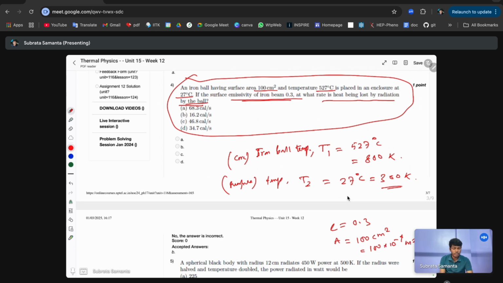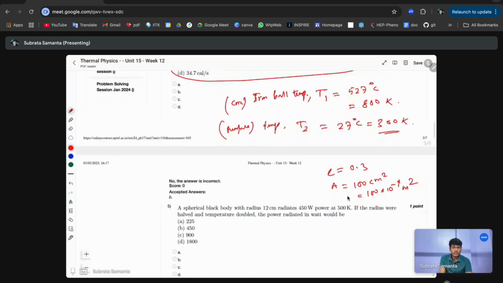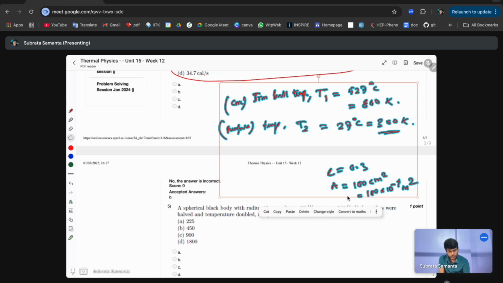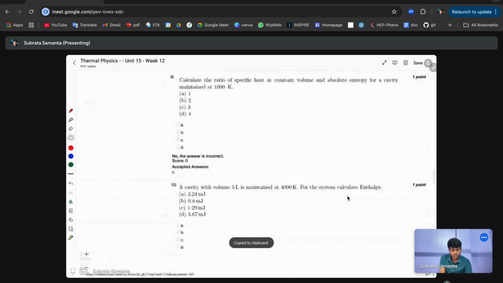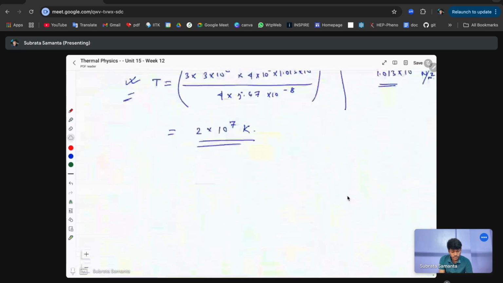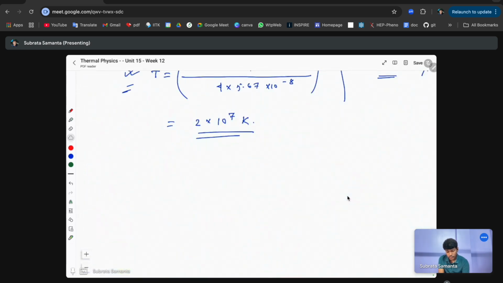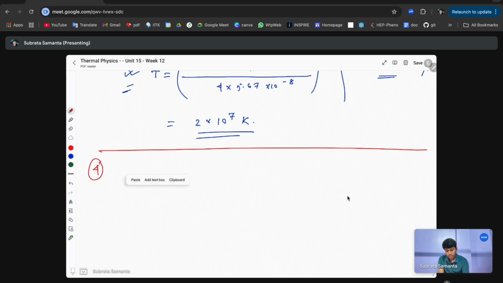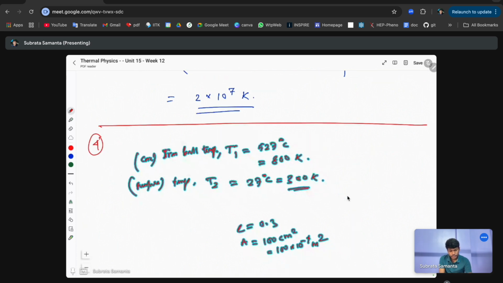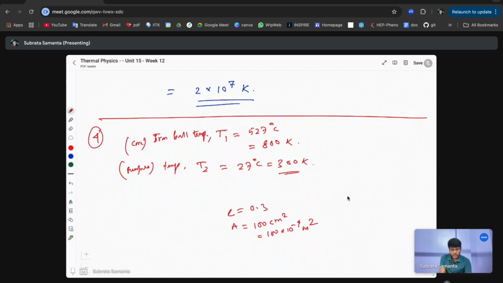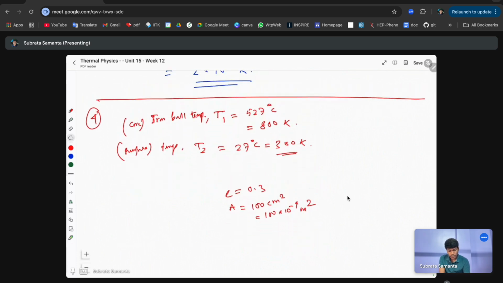So I converted to SI unit. Yes, copy this thing.